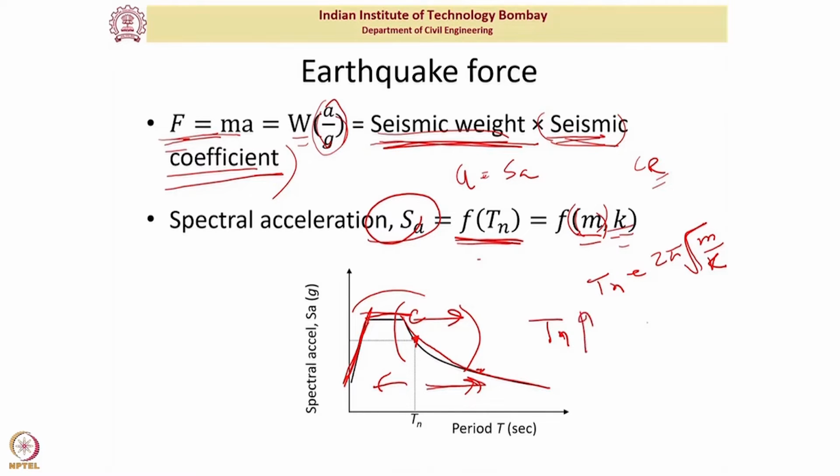So to increase the time period, what can I do? Basically our goal is to decrease the stiffness. So we have found one conclusion, that if I want to reduce seismic force on a structure, we should have a structural system which has low stiffness.